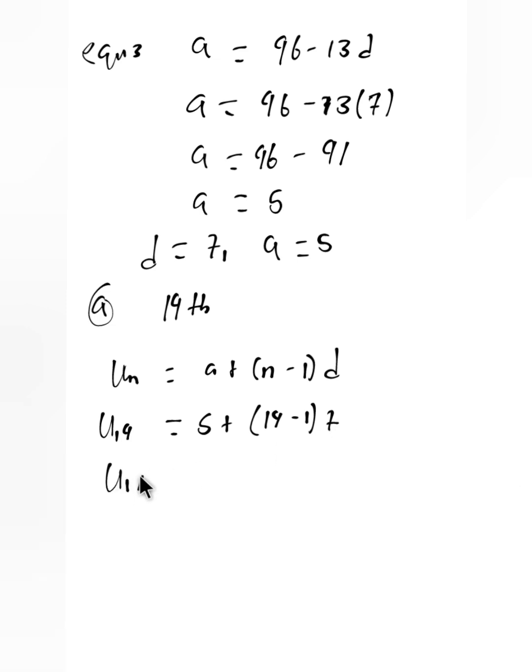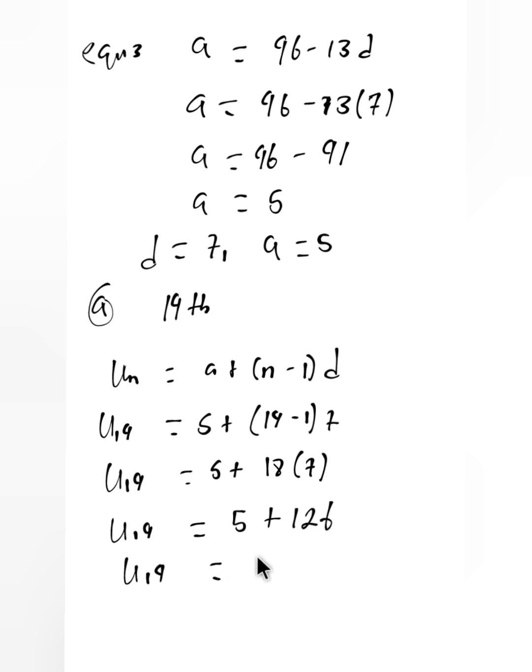So U19 is equal to 5 plus 18 times 7. 18 times 7 gives us 126. So U19 is equal to 131. So the answer for part A is 131.